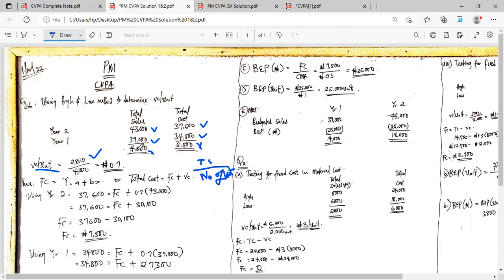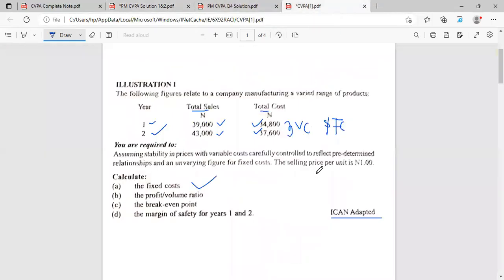You may be confused that maybe it's the 4,000 that I picked. The 4,000 here that I picked is correct, but in some cases it will not be correct. Why? How do I know my number of units? It is the total amount that I sold divided by the per unit sales price.